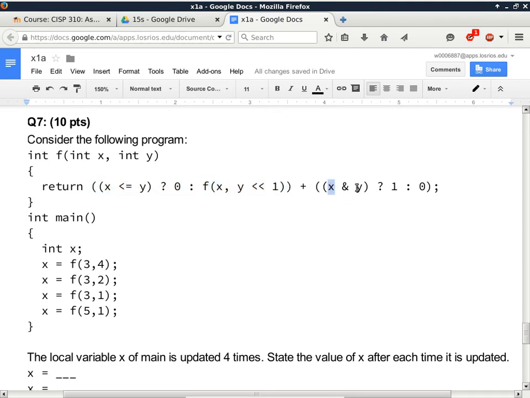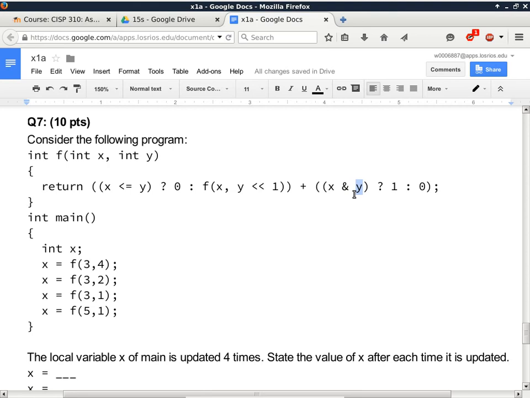X is 3, y is 4. How do you represent 3 as a sum of powers of 2? 1 plus 2. Right? How do you represent 4 as a sum of powers of 2? Come on. 4 is already a power of 2.